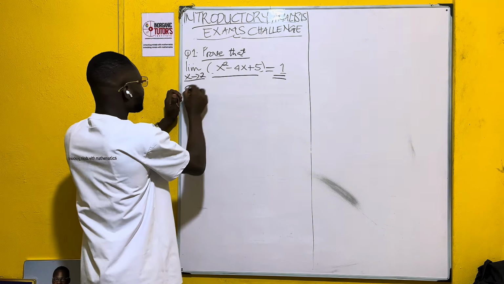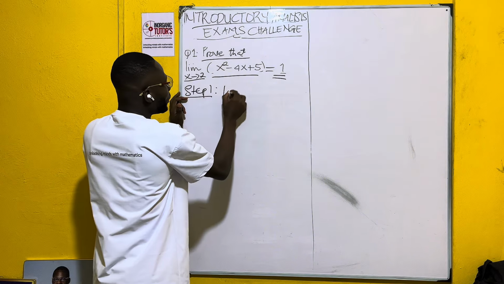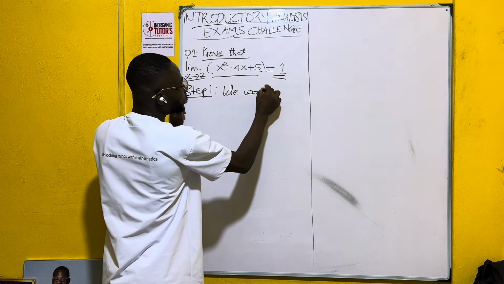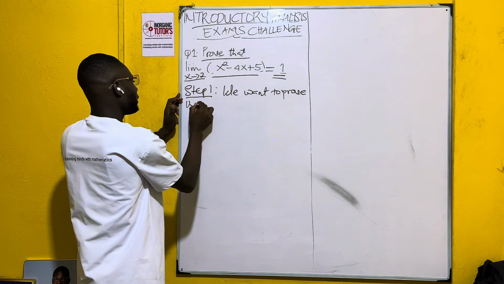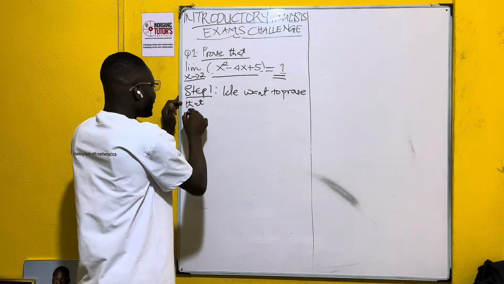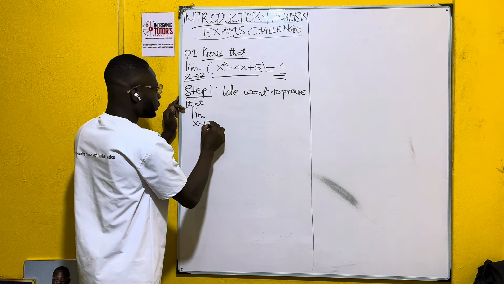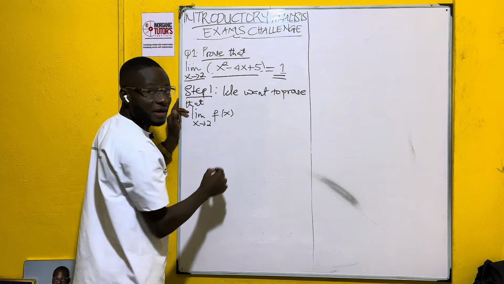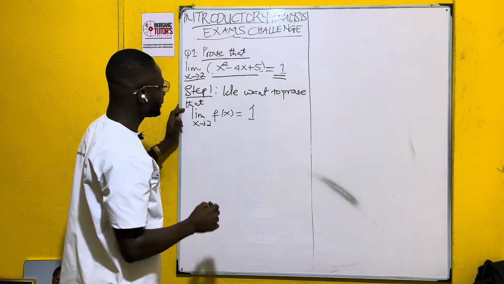So step one, we want to prove that the limit as x approaches 2 of the function is equal to 1, right?